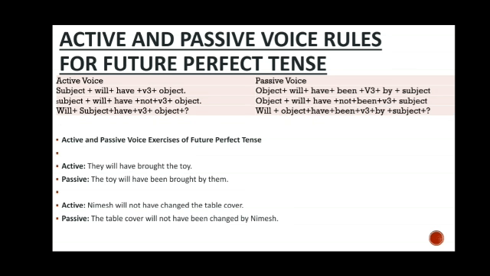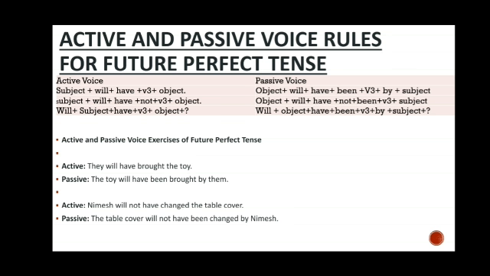Now see future perfect tense. In future perfect, subject plus will have plus verb third, then object is coming. Not is placed after will, so will have not, then verb third, then object. If I am talking about interrogative, then will comes at first, then subject, then have, then verb third form. Okay. Now see how you are changing it.